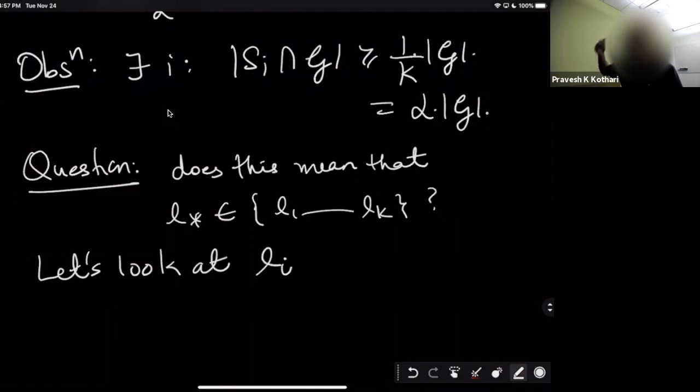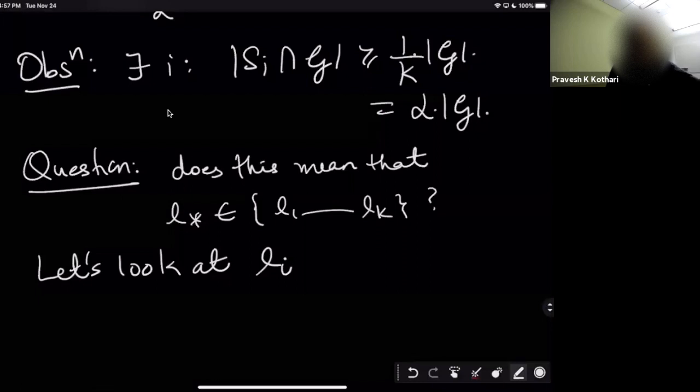Li is the vector that correctly labels all the equations in Si, right? And Si intersects G in a non-trivial fraction of the equations. So the best hope that we have of finding L star is that Li itself is close to L star, right? Because Li labels Si and Si intersects G appreciably. So that's our hope. So let's see whether that hope pans out.